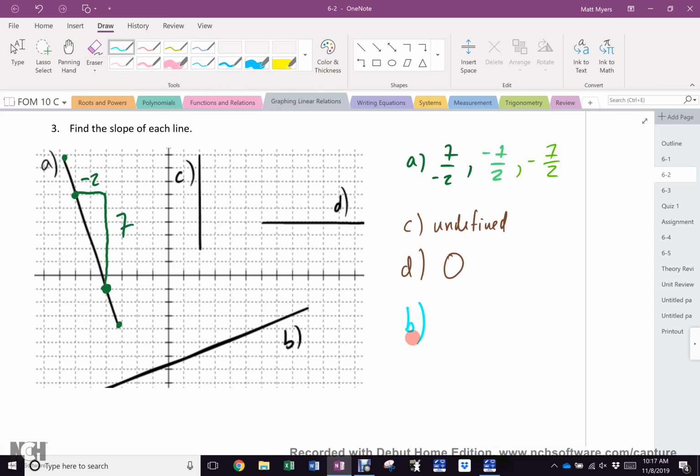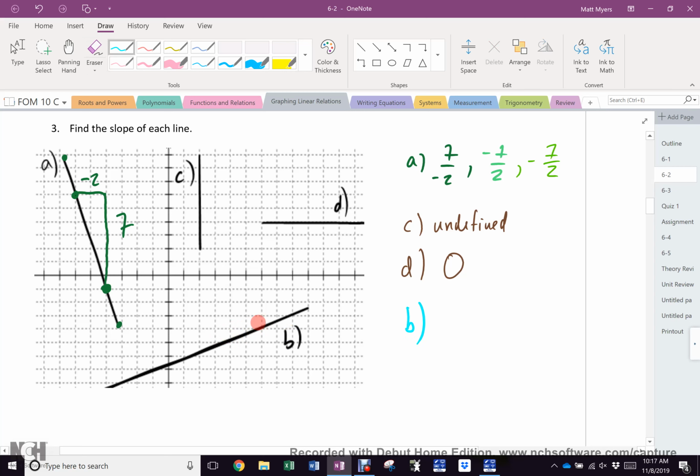B is barfy, isn't it? Because some of you may very well say these 2 points work, correct? I mean, that looks pretty good, doesn't it? So you would go up 1 and over 2, yeah? Okay.